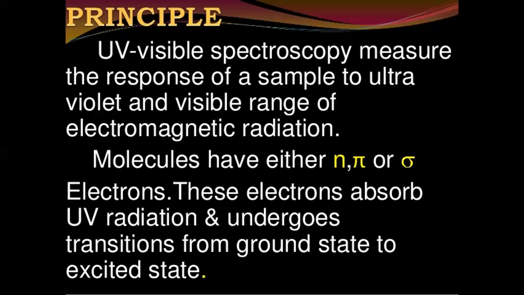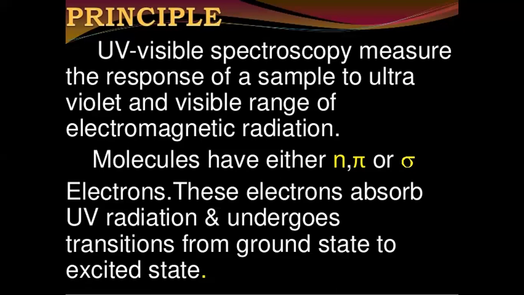The molecules which have n, pi or sigma electrons, these electrons absorb UV radiation and undergo transitions from the ground state to the excited state.